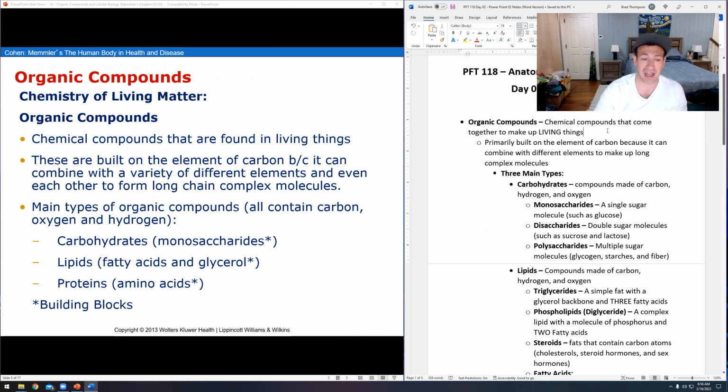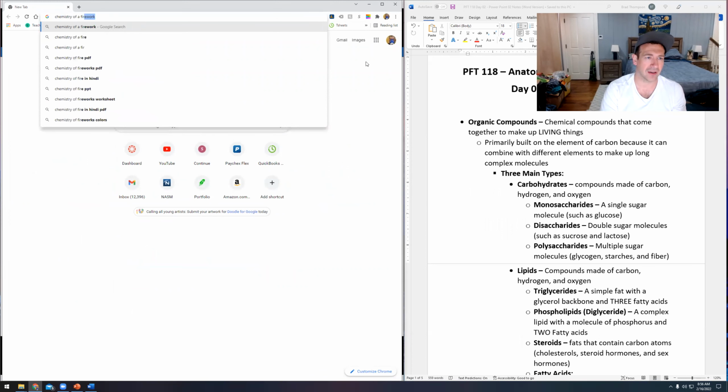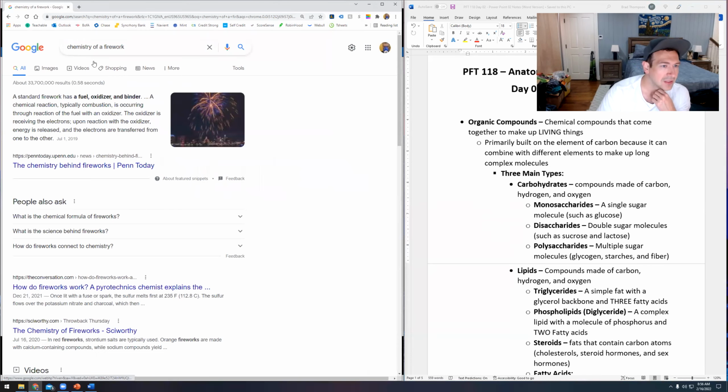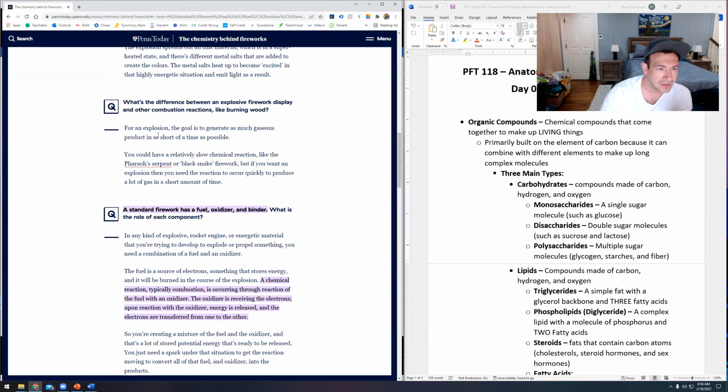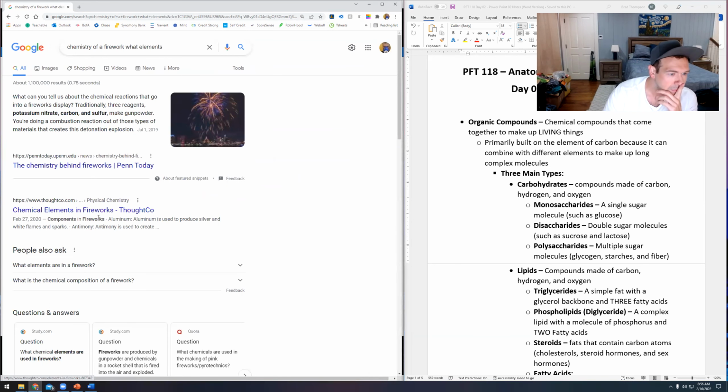So obviously there's lots of chemistry out there. Let's see if we can find the chemistry of a firework. What elements? Let's look that up. Aluminum sometimes. Interesting, that gives the silver and white sparky flames.